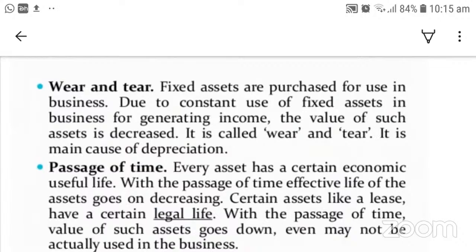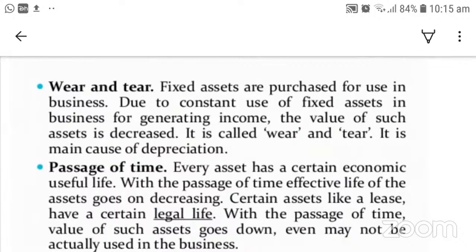Passage of time. Every asset has a certain economic useful life. With the passage of time, effective life of the assets goes on decreasing. Okay, passage of time, time changes. As time changes day by day, the asset value also decreases as we continue using that asset. Certain assets like a lease have a certain legal life.